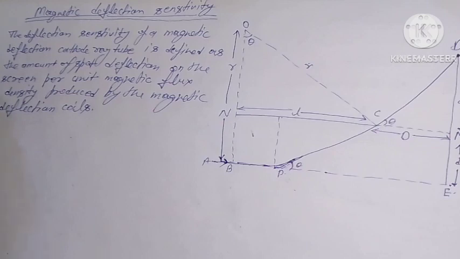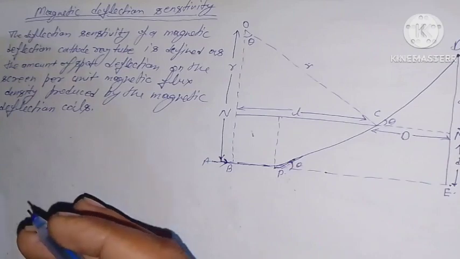The electron beam can be deflected by applying a magnetic field perpendicular to the beam over a short distance along its path.